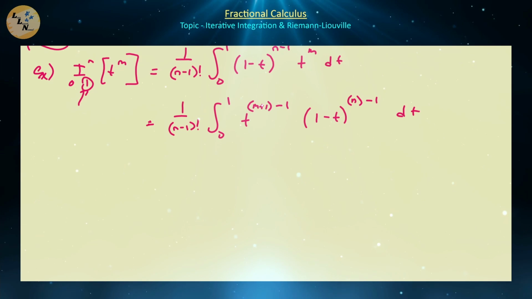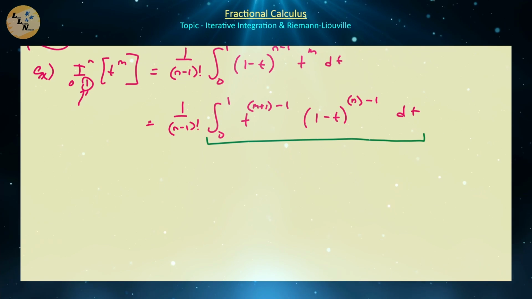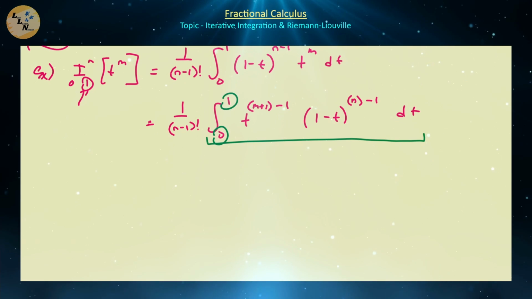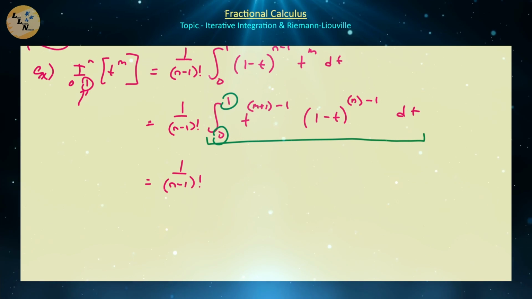So you should recognize this particular integral from single variable calculus because it's an integral from 0 to 1 of t to the a minus 1 and (1 minus t) to the b minus 1. That's precisely equal to a beta function. So that's just going to be equal to 1 divided by (n minus 1) factorial times the beta function evaluated at m plus 1 for the first parameter and n for the second parameter.